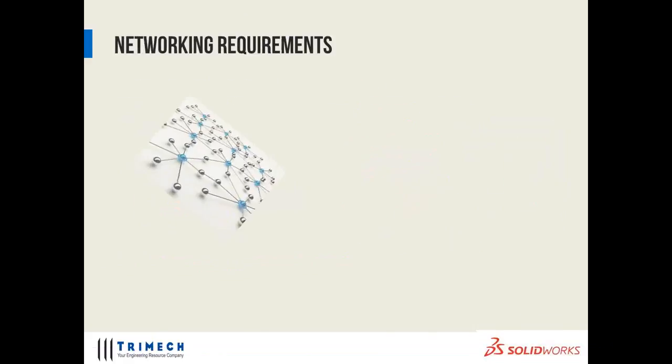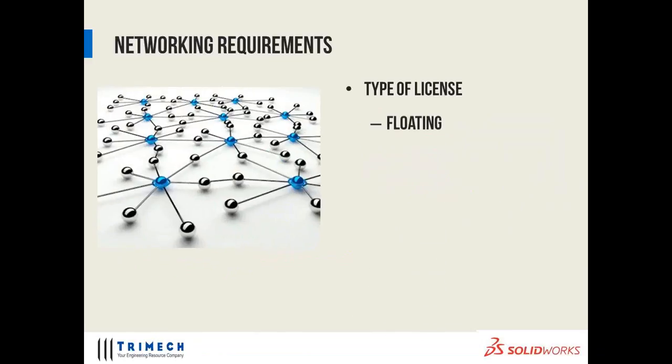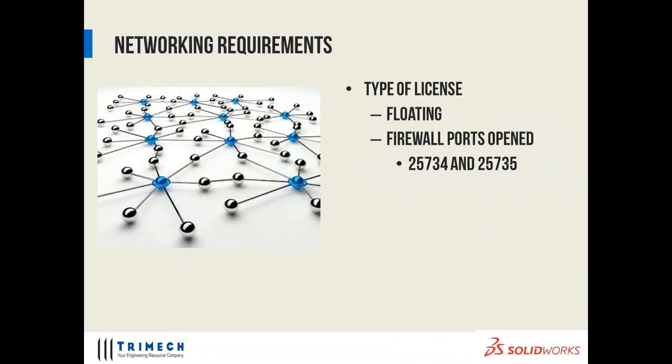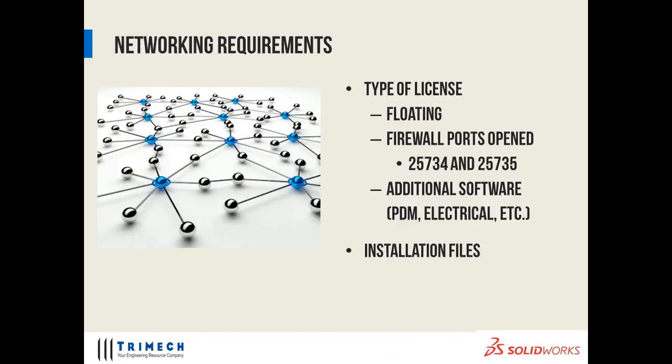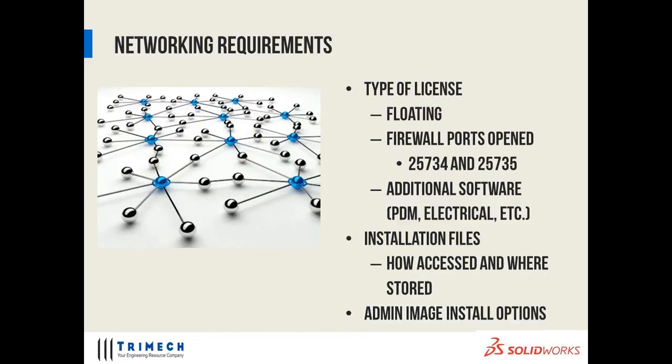So now let's talk about networking requirements. If you're using a floating type of license, in other words, you have a SolidWorks seat that is on a network, you're going to want to make sure before you go through and upgrade that the SolidNetwork License Manager on the server is upgraded first.